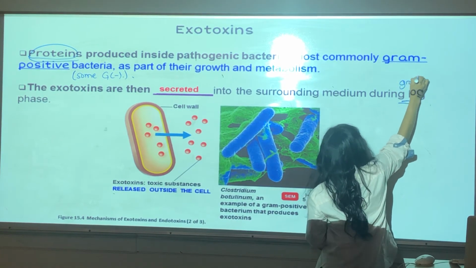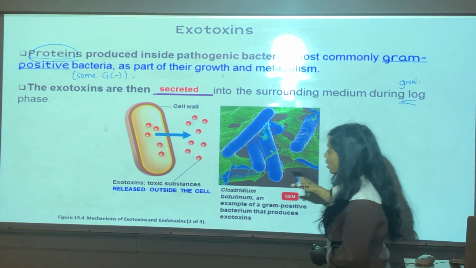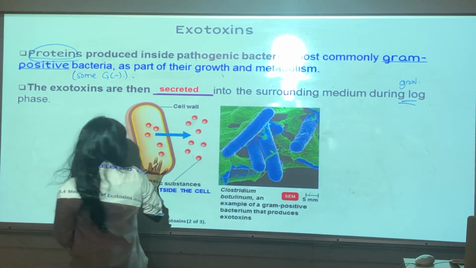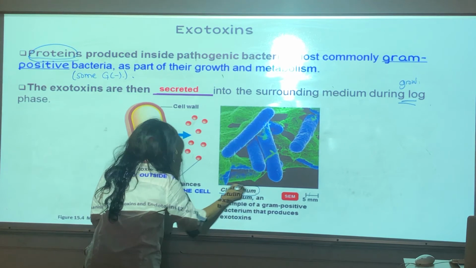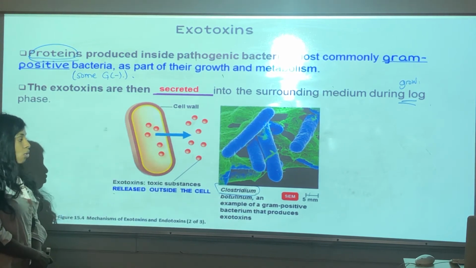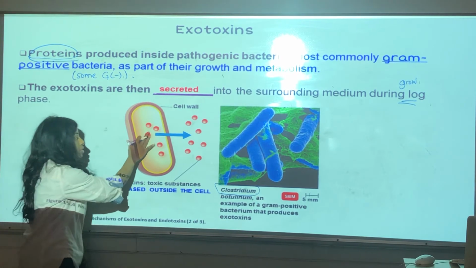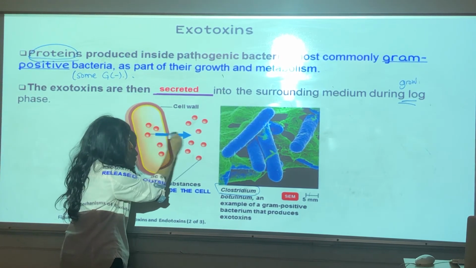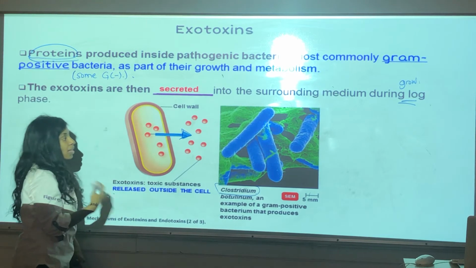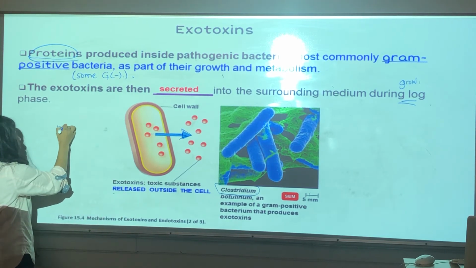So they are growing, they are dividing, right? So here goes the cell, right? In this case, they give you the gram-positive cell Clostridium that causes botulinum, and they make a toxin inside the cell. They secrete it outside of the cell, and this toxin causes nerve damage.